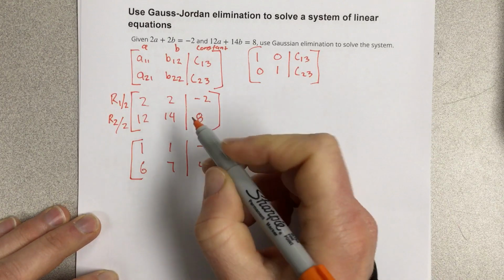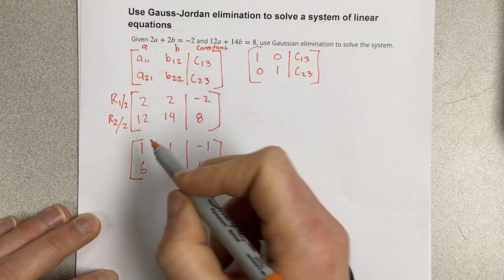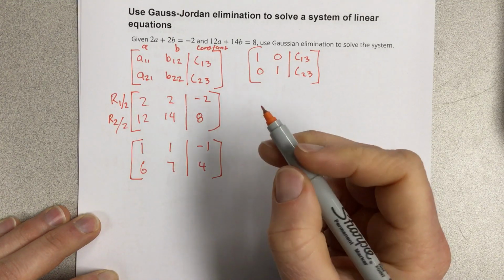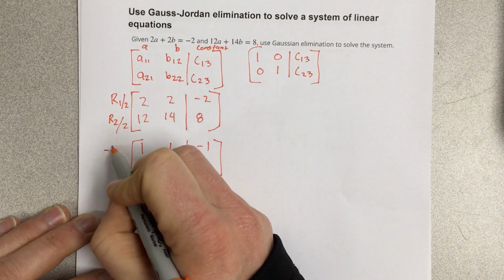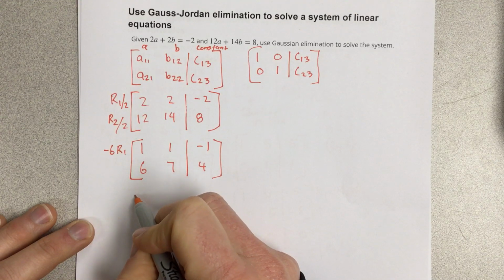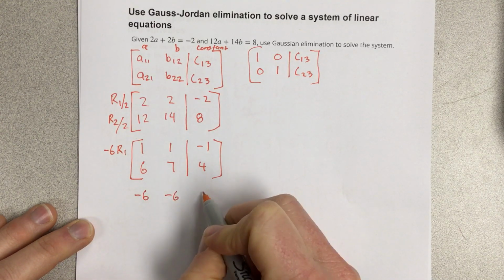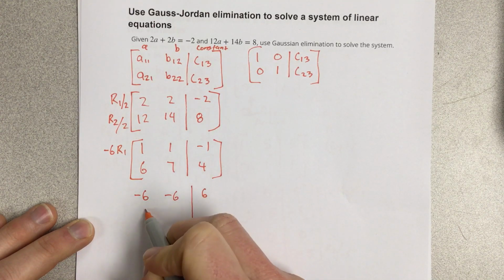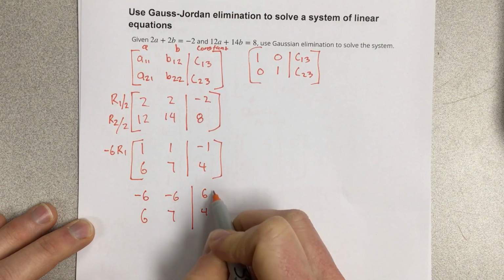And then I'm going to multiply the top equation by -6. And that will give us -6, -6, +6, and then 6, 7, and 4.